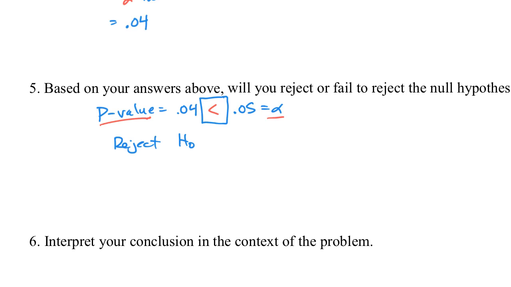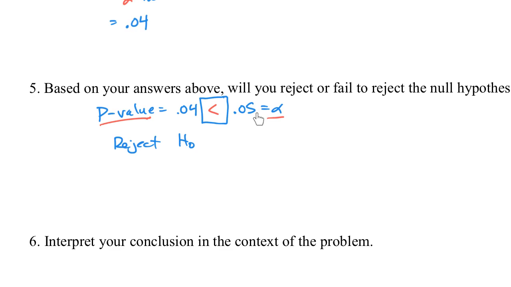And the book would say the data are statistically significant because whenever we reject the null hypothesis, by definition, the data are statistically significant. So just like before, it comes down to looking at the p-value that we got, 0.04, comparing it to alpha, our original alpha, 0.05, and since this is less than that, remember what this means.